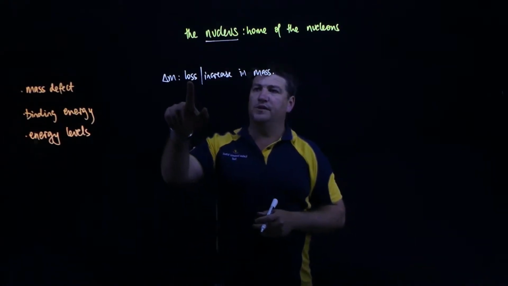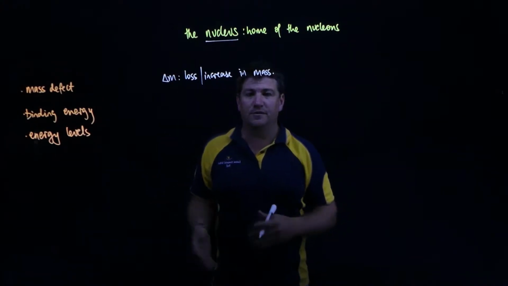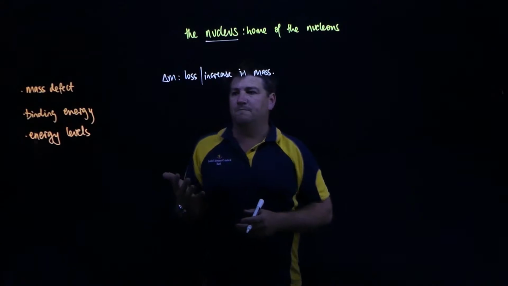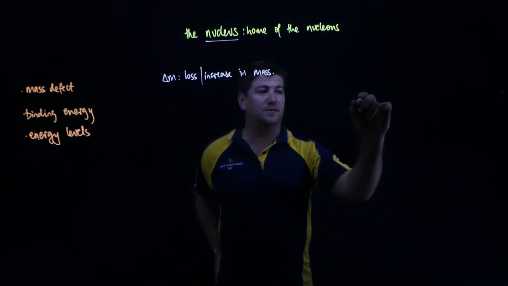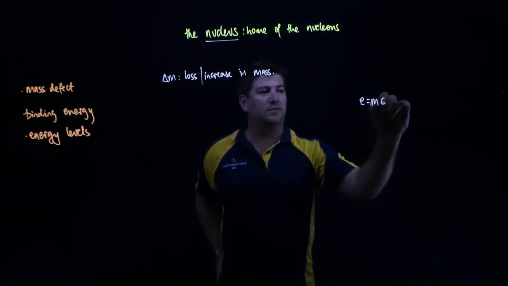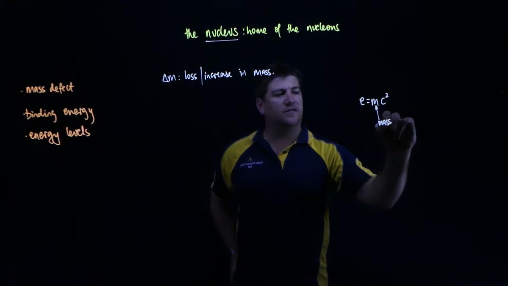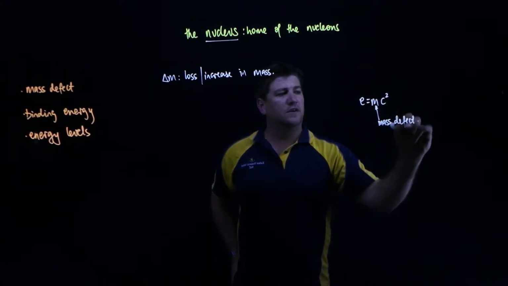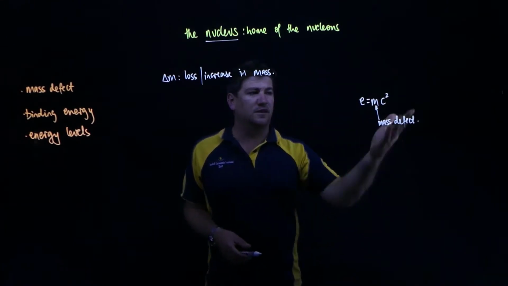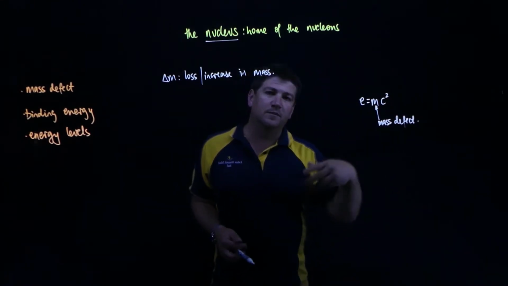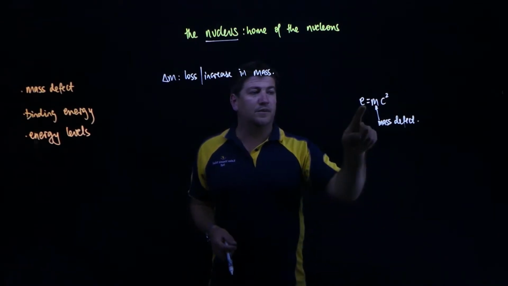And if we lose mass, that mass has to be involved in some sort of system somewhere. So in this case, we're actually dealing with Einstein's most famous equation, E equals mc squared, where this m is this mass defect. So if mass is lost in the process of fusing small things together, what we're doing is giving off energy.